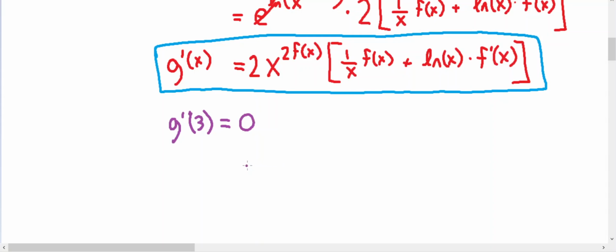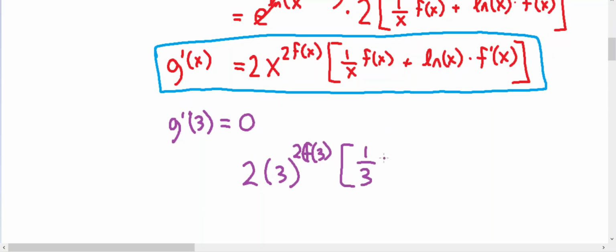So we'll take 2 times 3 to the 2 f of 3, all times 1 over 3 f of 3 plus ln of 3 f prime of 3.